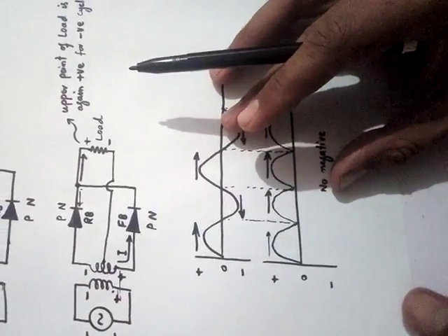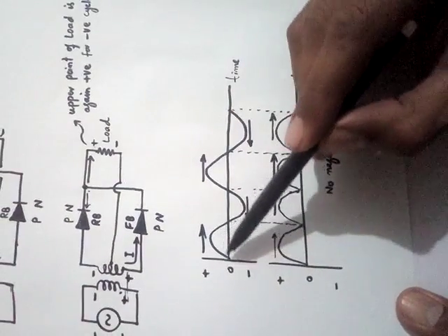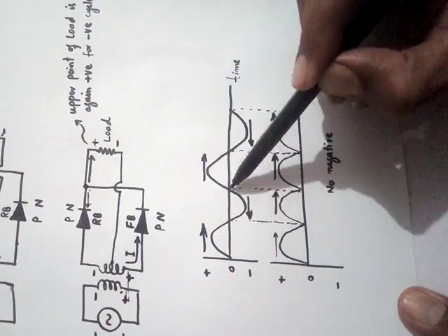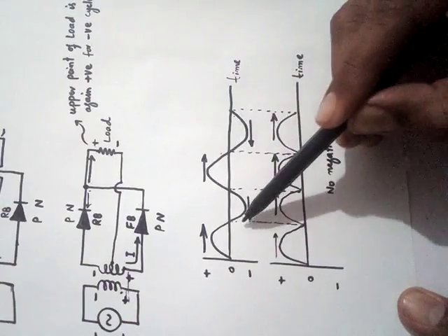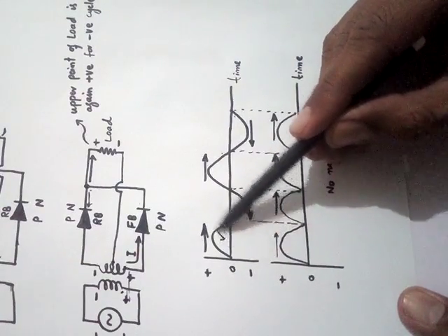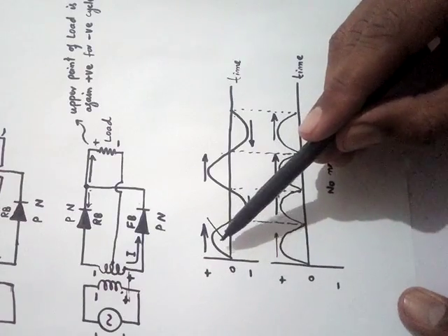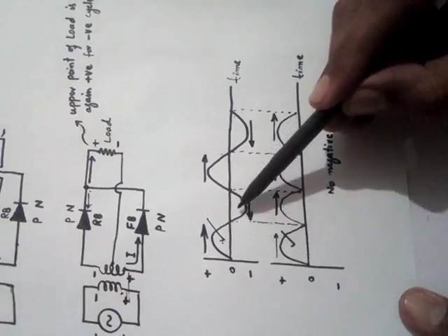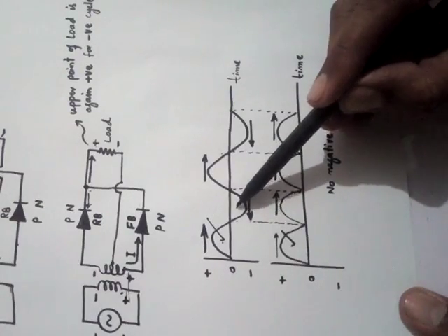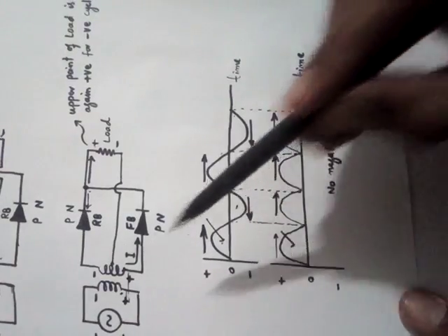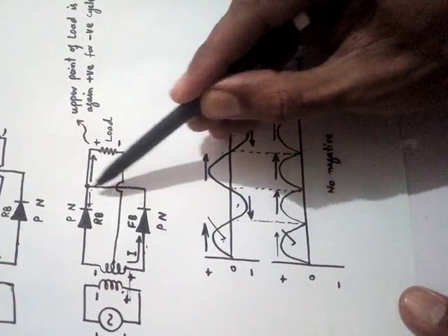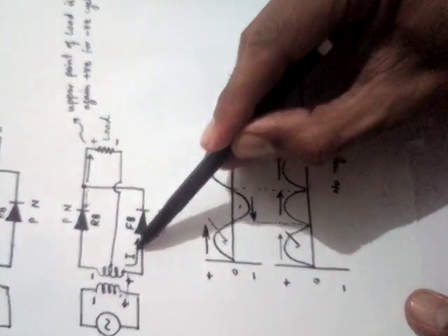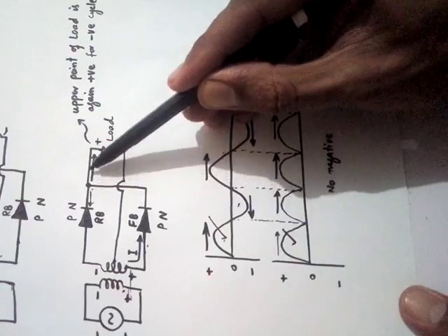Now if you look at the graph, this is the input graph, positive, negative, positive, negative, and you can see that this positive, no problem, like the half wave rectification, this is rectified, we get this one. But what about this one? This is the negative. When the current was negative, this current was connected right here, so this current goes through the second diode and goes up to the right.